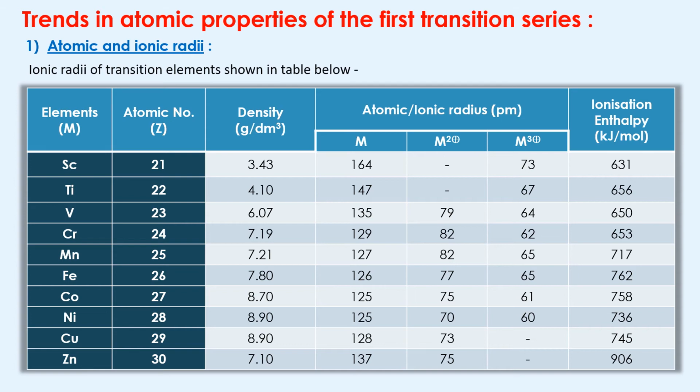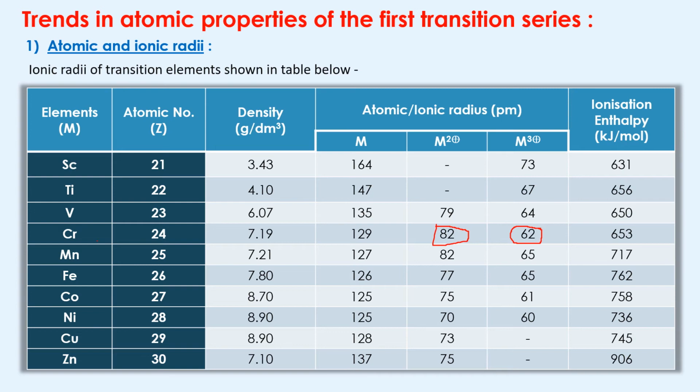Okay. Now you consider any one of the elements in its different ionic forms. So consider chromium. For chromium, in +2 oxidation state, the ionic radii is 82, and in +3 oxidation state, the ionic radii is 62. Means its ionic radii is decreasing.